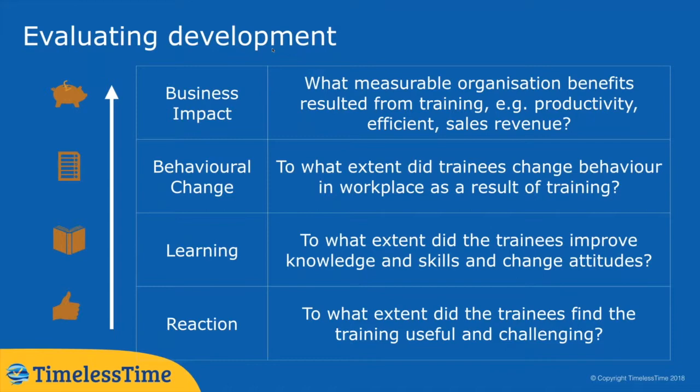Above that is learning, to what extent did those who are the trainees learn. And above that, the real one where we're starting to be interested in is, did we see the behavior change that we wanted? Did we teach those competencies such that they changed their behavior? And the one above that, ultimately, of course, taking longer in time, is, did we see the business impact as a result of that training?